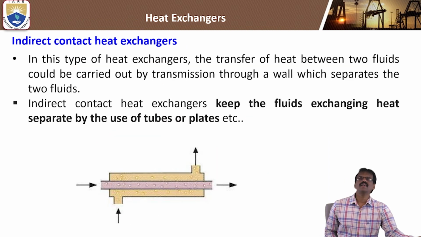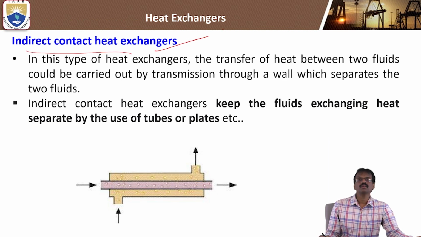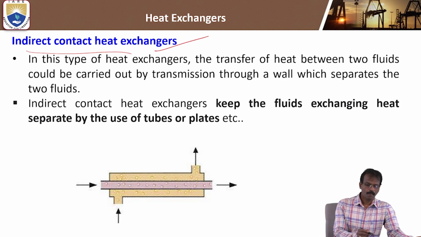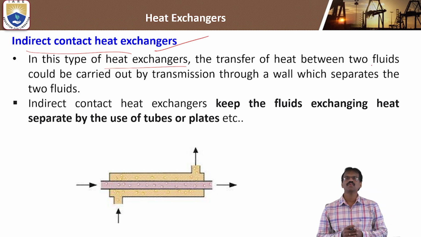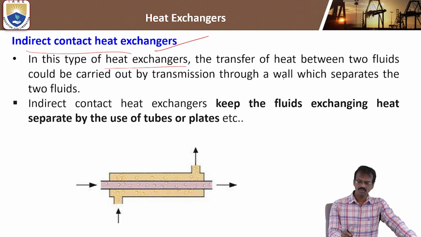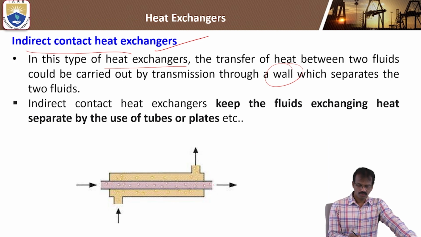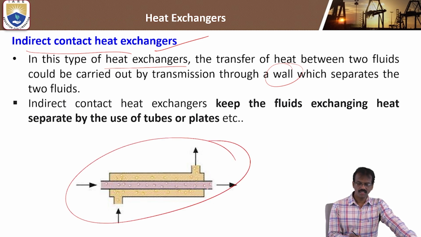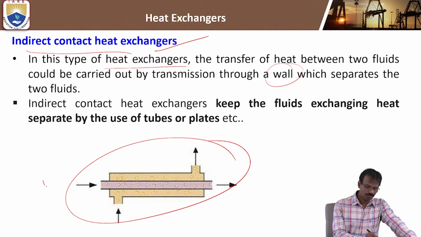Now we'll see indirect contact heat exchangers. These are very important heat exchangers. In this type of heat exchanger, the transfer of heat between two fluids is carried out by transmission through the wall which separates the two fluids. You can see here the inner pipe and the outer envelope or outer pipe.